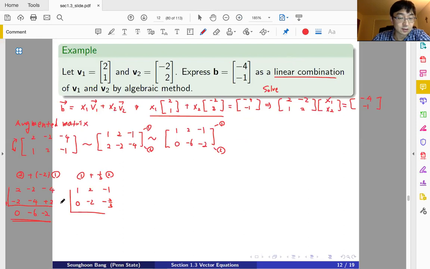And add. So we get 1, 0, and this one is -5/3. So you can replace it here. Sorry about that.